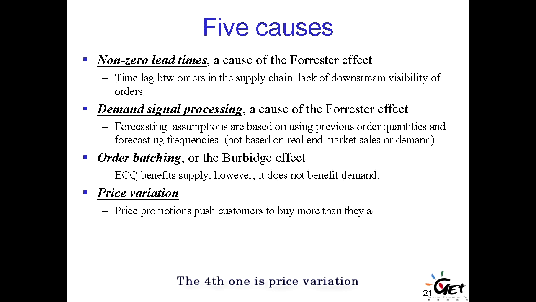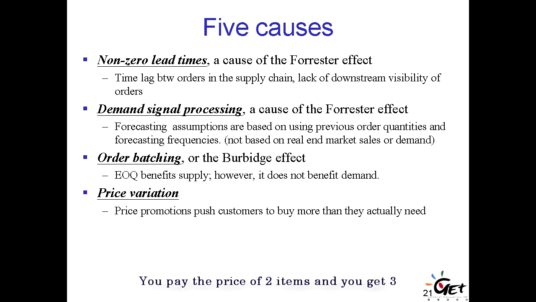The fourth one is price variation. Usually, marketing people will use some promotions, especially price promotions, to boost sales during some period. For example, say we have a promotion like 3 for the price of 2 items, right?